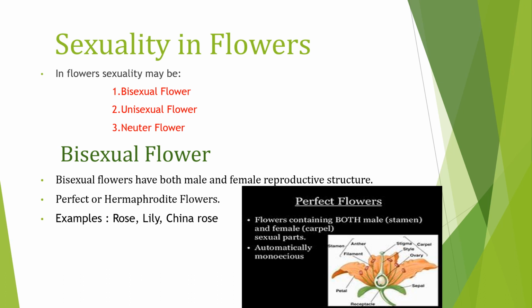Bi means both, male and female. So bisexual flowers have both male, that is the androecium, the male reproductive part of the flowers, and gynoecium, the female reproductive part. The flowers having both male and female reproductive structures are called as bisexual flowers. For example, rose, lily, China rose.